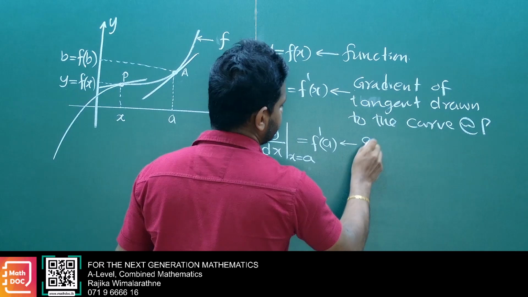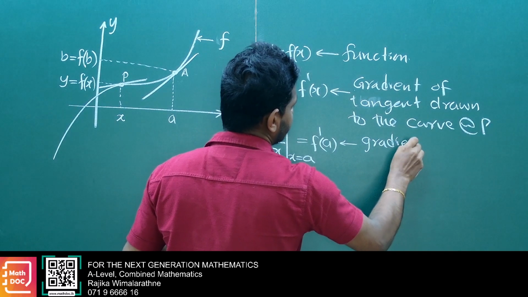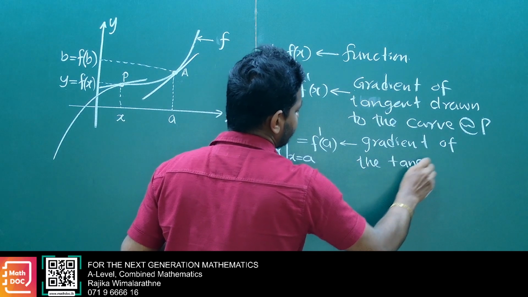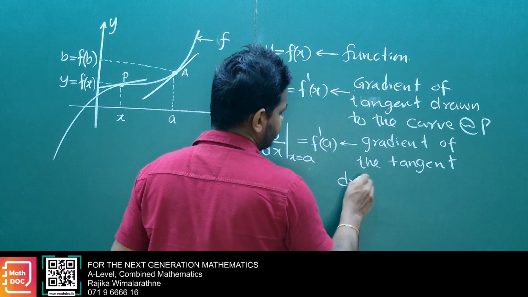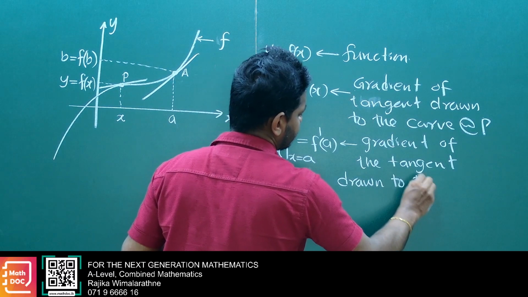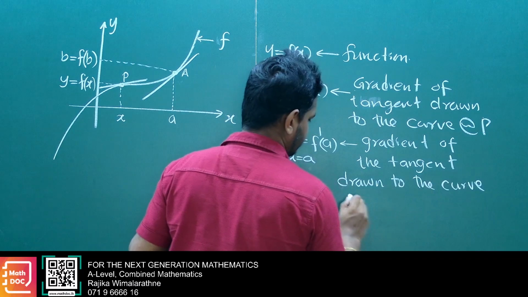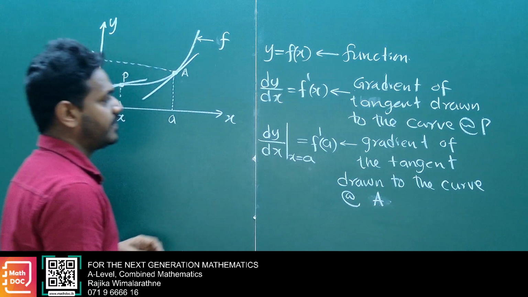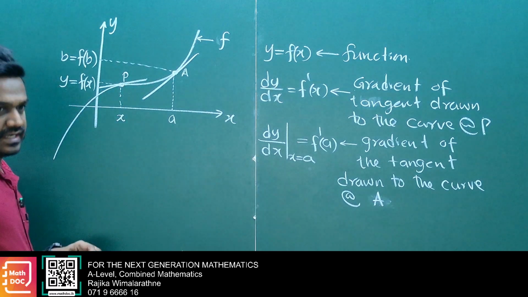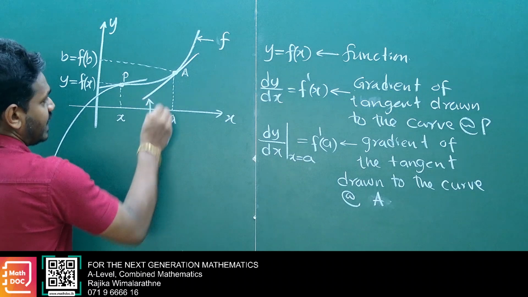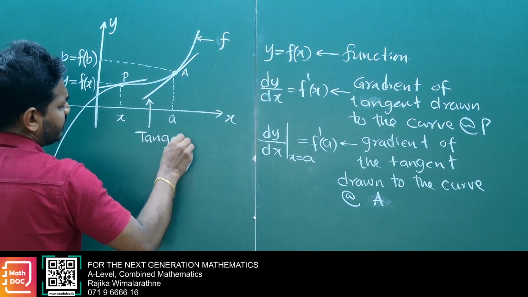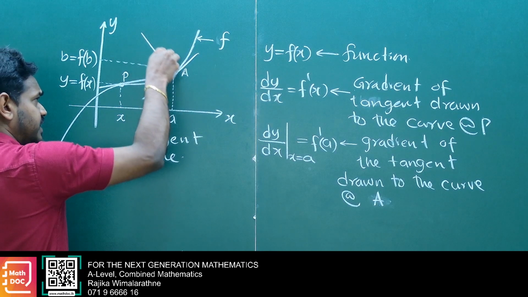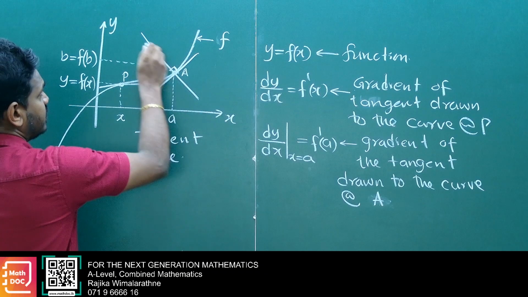That represents gradient of the tangent drawn to the curve at A. And this one we call the tangent line. If we sketch a perpendicular here, we call that the normal, a normal line.